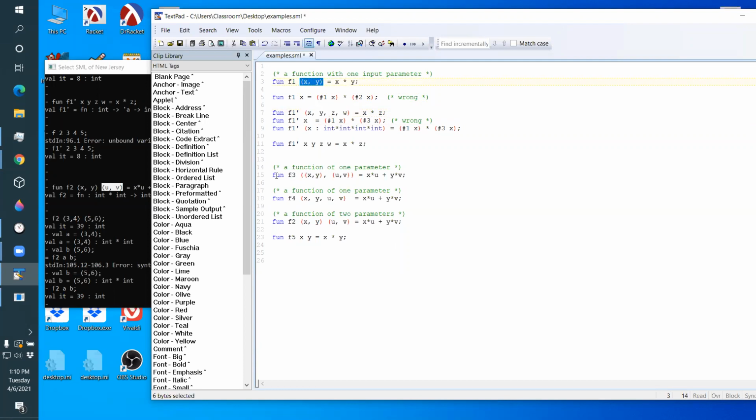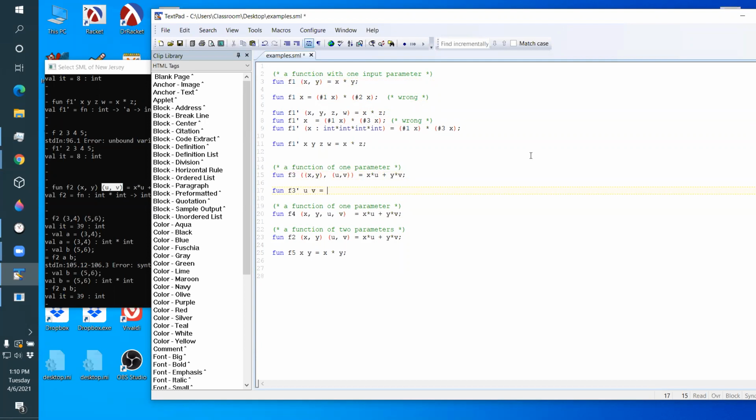So for example, F3, if I wanted to, I could write this in a really weird way. Fun, I'll write it as F3 prime. It takes in a U and a V, okay? But U is a tuple and V is a tuple.